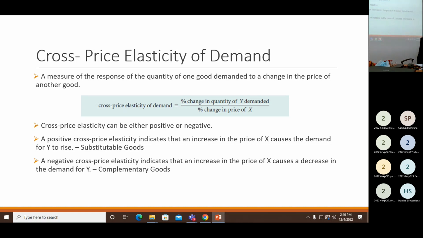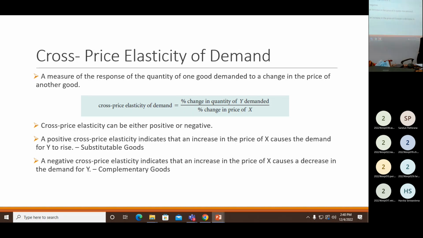The price change happened in product X, but who is responding to that? The demand for Y.